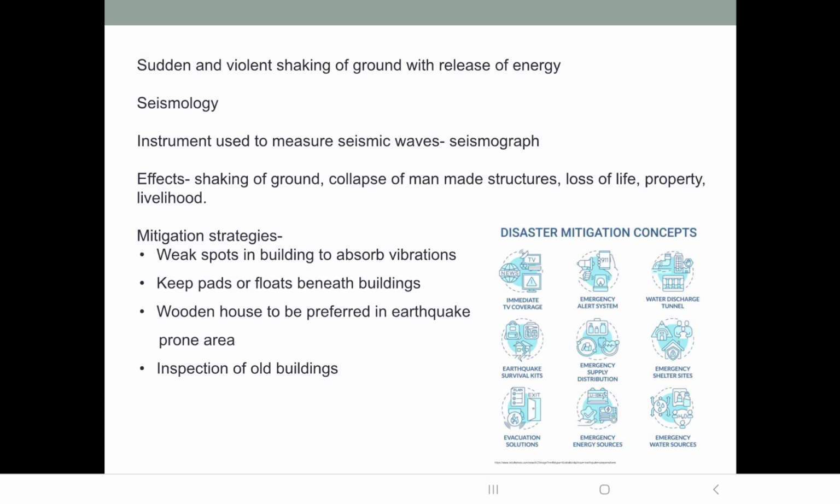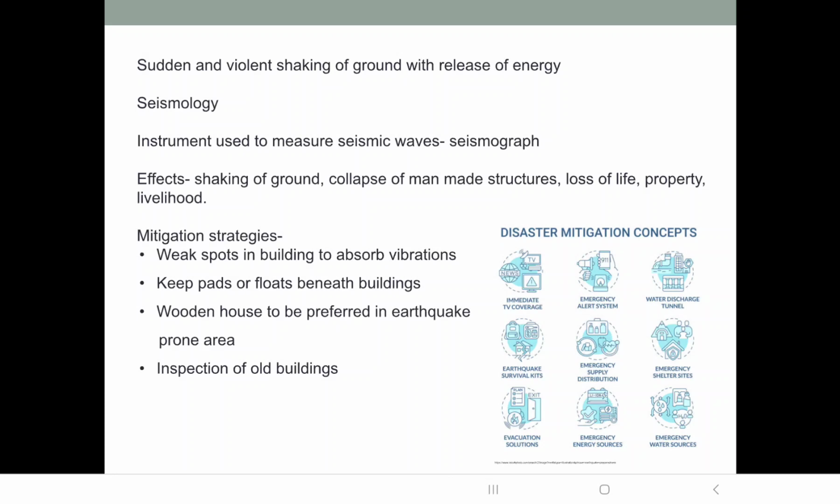Old buildings have to be inspected and reinforced so as to increase their earthquake resistance.